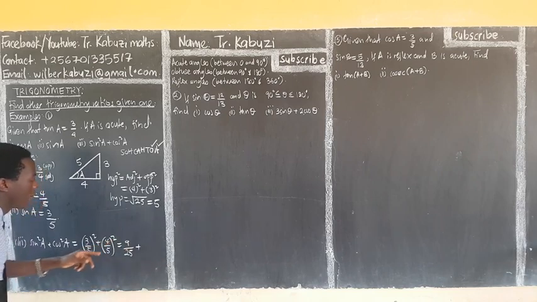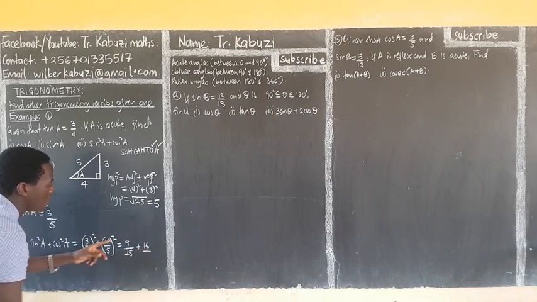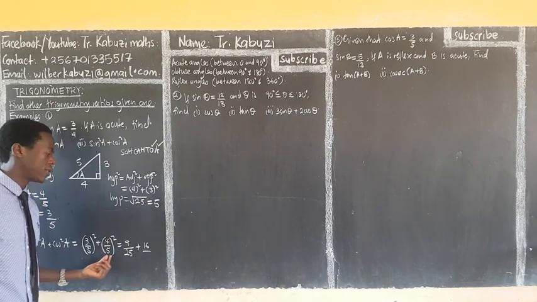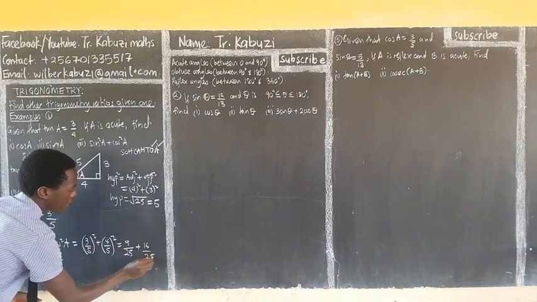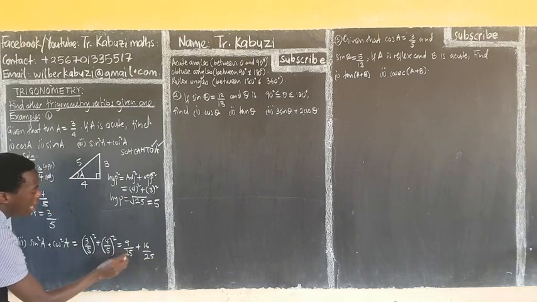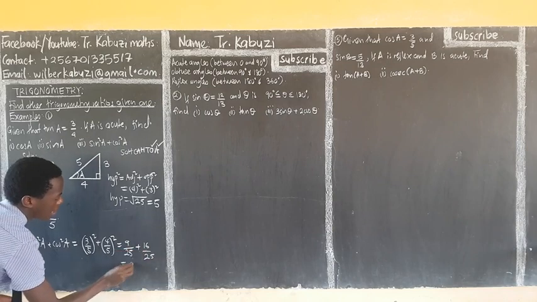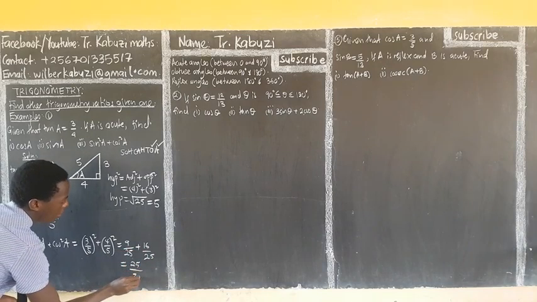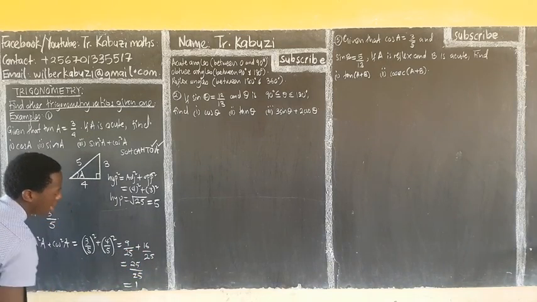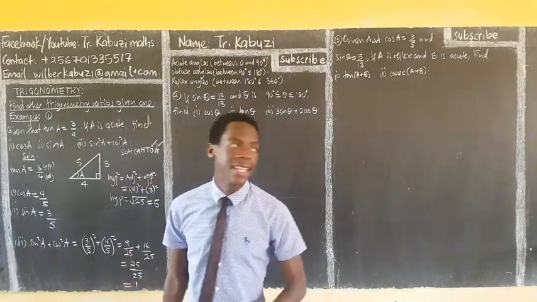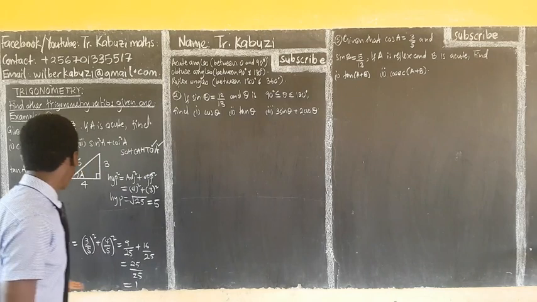Plus, when you square 4 over 5, you get 16 over 25. Never forget to square the denominator also. And you see when you sum, we have the same denominator, 9 plus 16 gives 25 over 25, and this will be 1. And for members, you see this is not a problem because that is an identity. Anyway, so that's how we handle that.